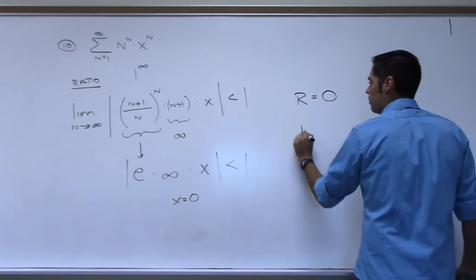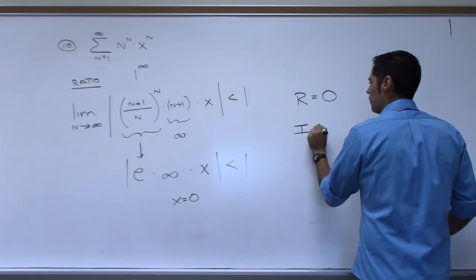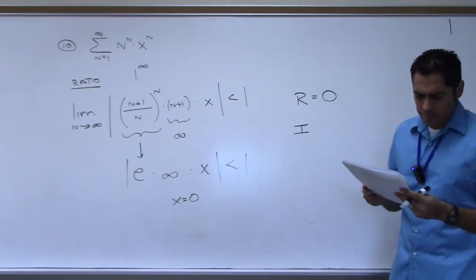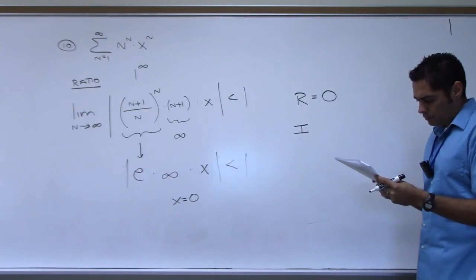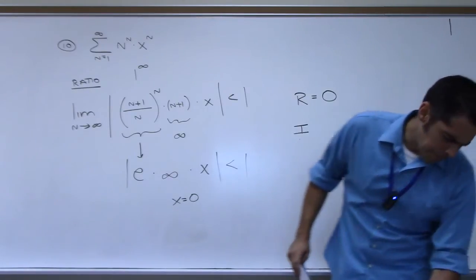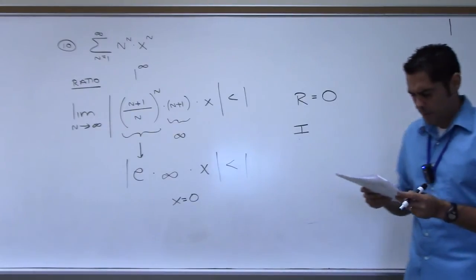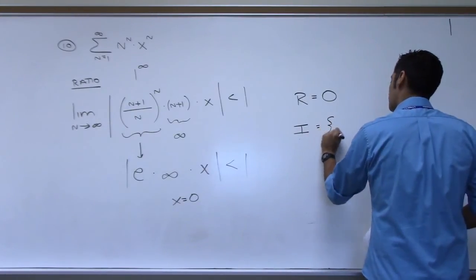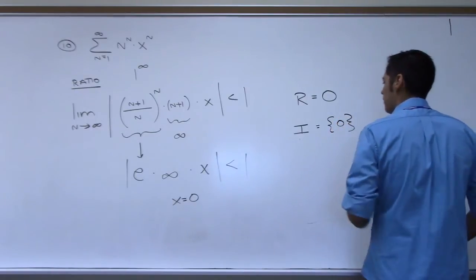And the interval of convergence is, how do they want me to represent this? What number is this? Yeah, the interval of convergence is just the single number 0.